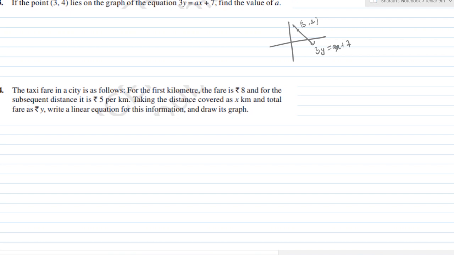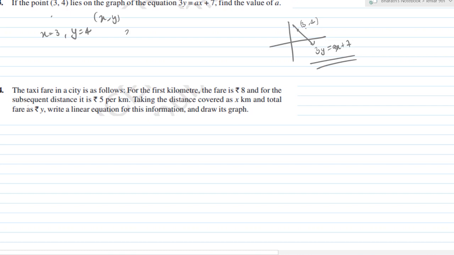Fine. So the x and y value should satisfy this equation. Here we all know (x, y) is a standard format. So our x value is 3 and y value is 4.